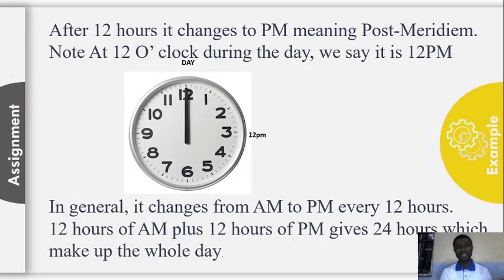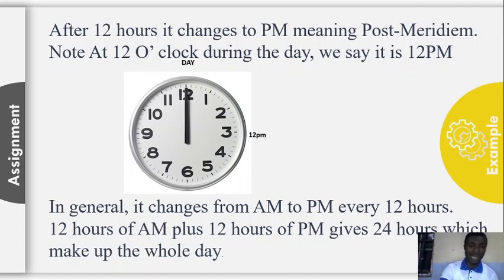You keep counting till it gets to 60. When the second arm moves from 12 round and comes back to 12, it must have moved 60 times. And that 60 times is 60 seconds, which will make 1 minute.